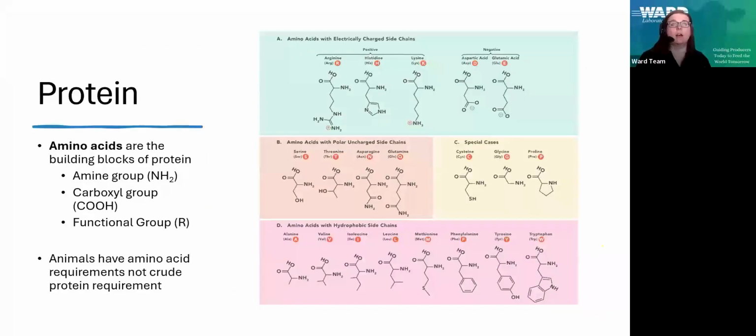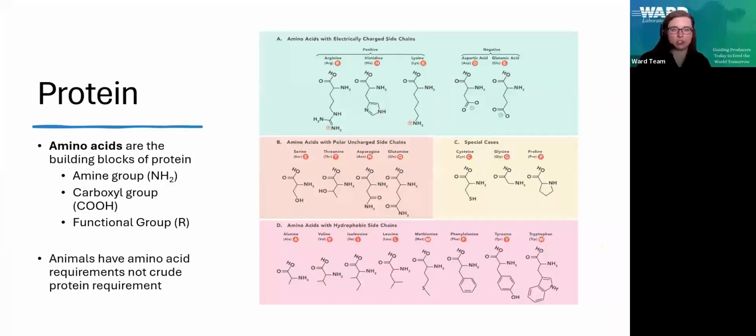The next thing, and this is where we're going to really focus a lot of our time, is crude protein. So our forage reports now have a lot of different parameters that can help you describe your crude protein better than just as a percent of nitrogen, right? So first, let's define what protein is.